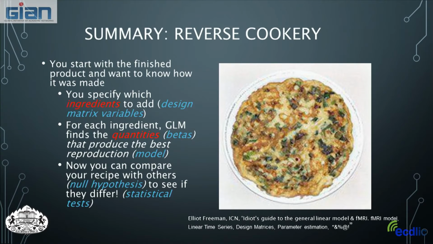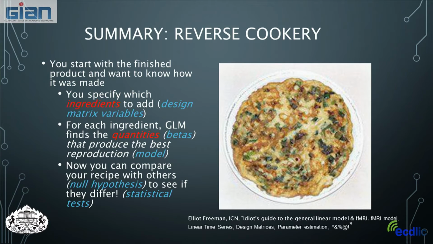Okay, so basically to summarize what we're modeling here, we're starting with our finished product. That's our observed data. And we're trying to add the ingredients. That's our design matrix when a person is doing a different thing.